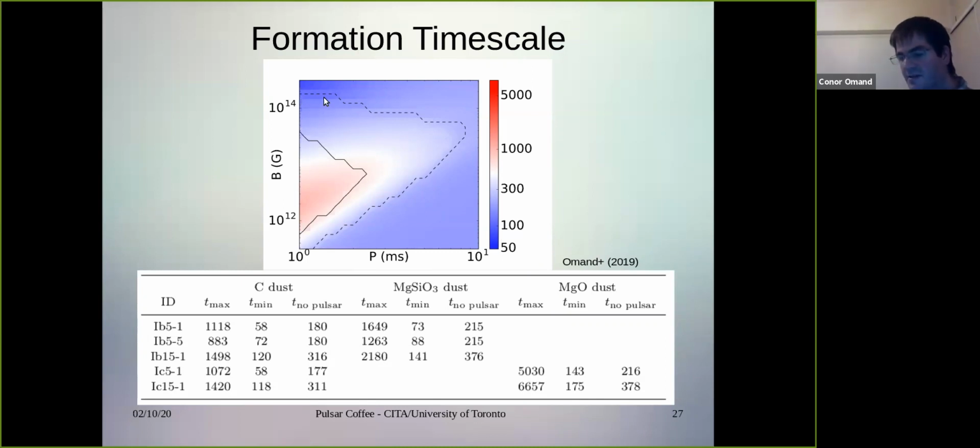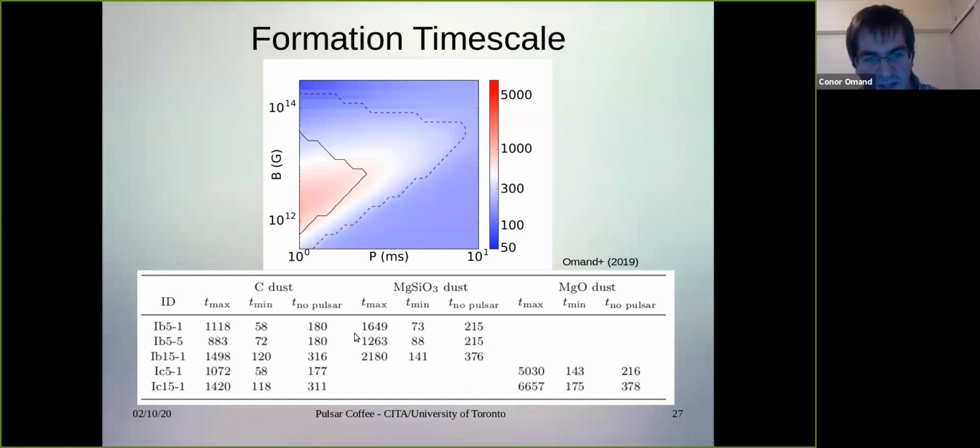And this is because the pulsar spins down very quickly and it injects all its energy very quickly. And so the ejecta becomes very, very fast, and adiabatic cooling becomes a good method of cooling the ejecta. And so we start to form dust at extremely short timescales.